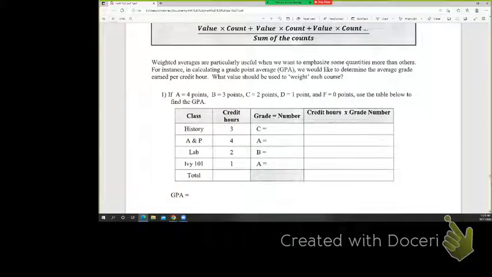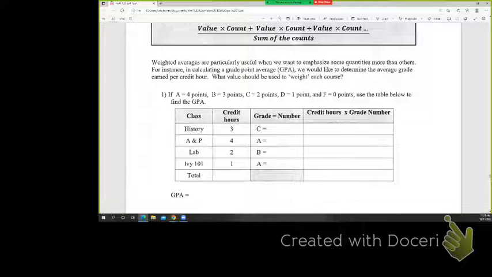And it depends because some classes are worth more credits than other classes. So, for instance, when I teach financial foundations, it's a 4 credit hour class. So if someone does poorly in that class, it would affect their GPA more than if it was a class that they're only earning 1 credit.